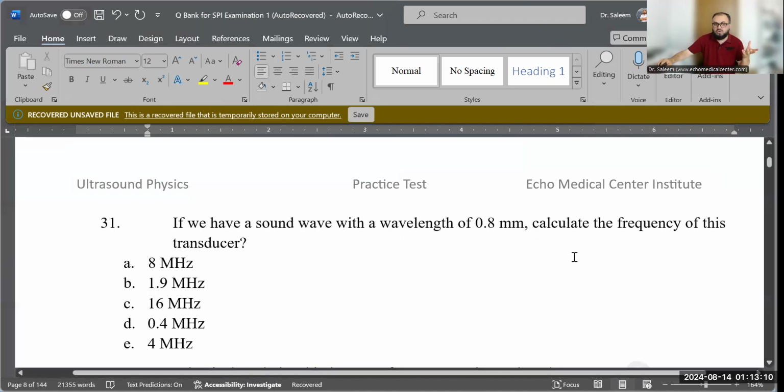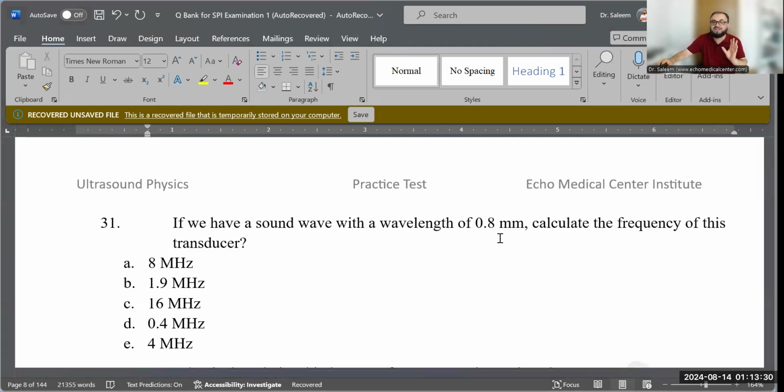So again, if we are looking for the frequency of the transducer, remember earlier we just talked about this. The frequency formula is propagation speed of the sound divided by the wavelength. Now here the wavelength is 0.8 and the propagation speed of the sound, we already know, is 1.54 millimeter per microsecond.